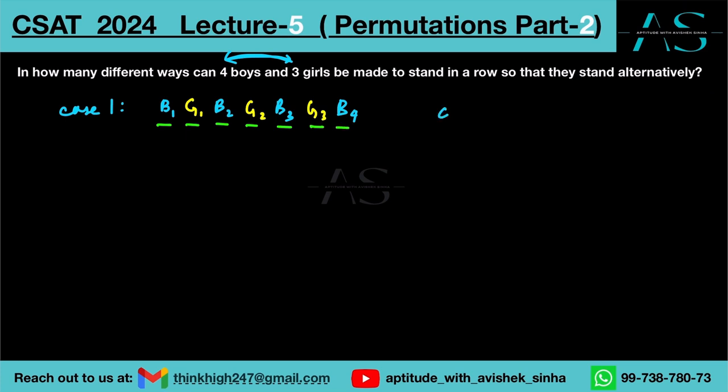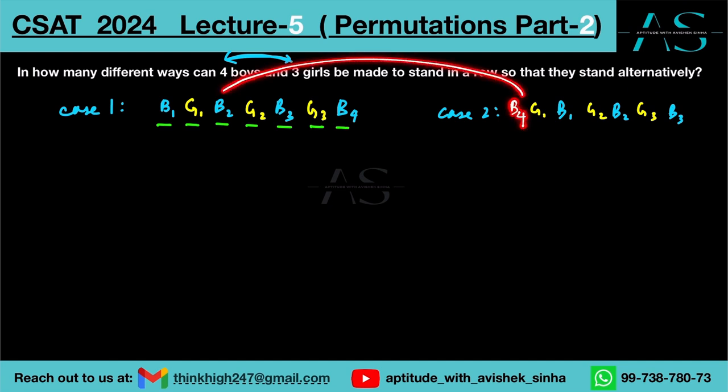Okay, let's talk about case 2. If we started with the girls, girl number 1, girl number 2, girl number 3, boy number 1, boy number 2, boy number 3, and now boy number 4. If you write boy number 4 here, it is simply the first case. How is it different from case number 1? It is the same case. Now, if you place boy number 4 here, they are not standing alternately.